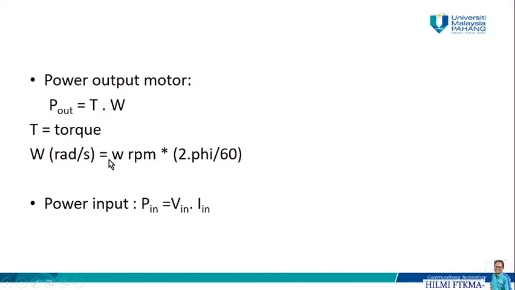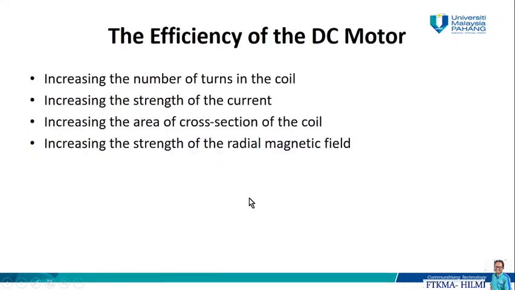We can use the quantity RPM, but we need to multiply by 2 pi over 60. And then the power input can be calculated using the equation P equal to VI.